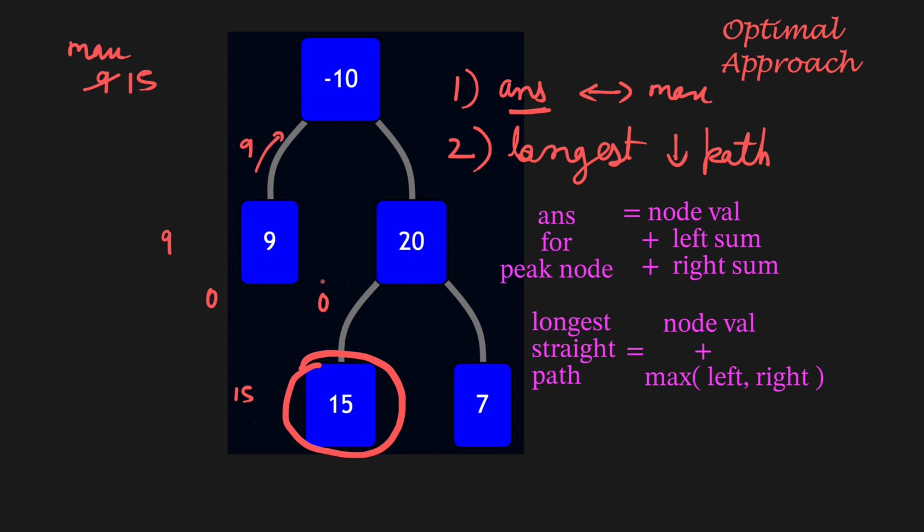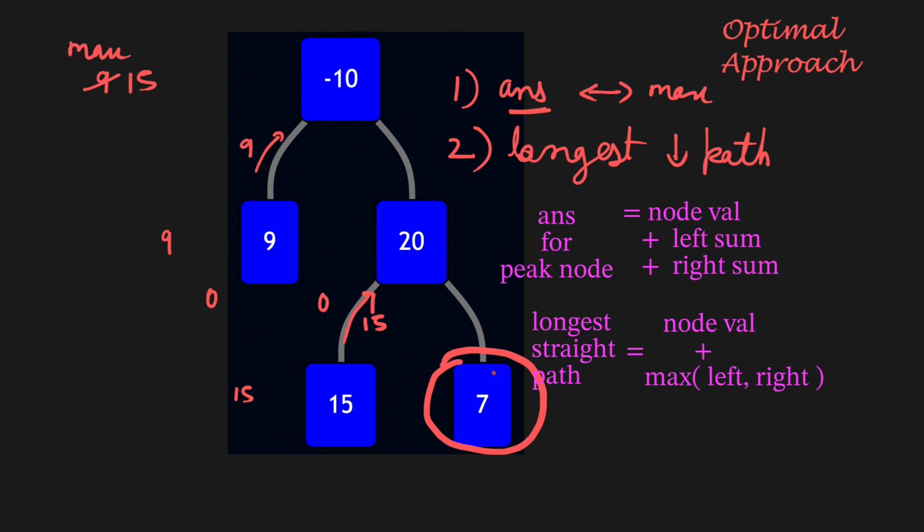And then comes job 2, where it has to return the value to its parent, which is 15 plus the maximum of the left and right sum, which is 15 itself. And similarly for node 20, we will process child 7. And again, since both of its children are null, we will get left and right sum as 0.